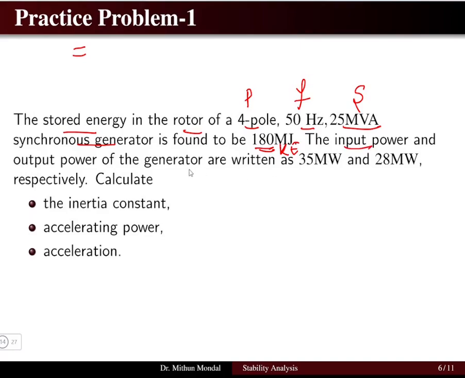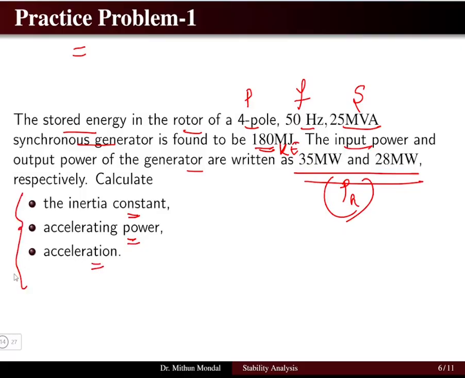Input power and output power are given to be 35 megawatt and 25 megawatt. This will be used to determine the inertia constant of the machine, the acceleration power, and the acceleration of the system. So this will be the practice problem which can be solved with the knowledge of the first problem.